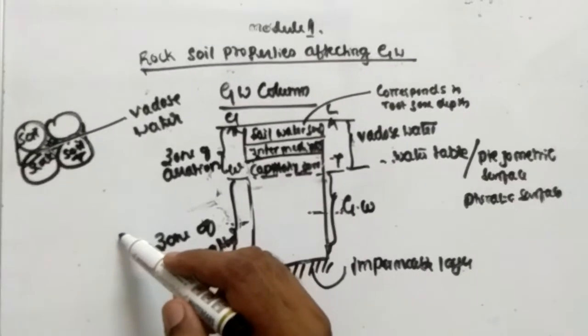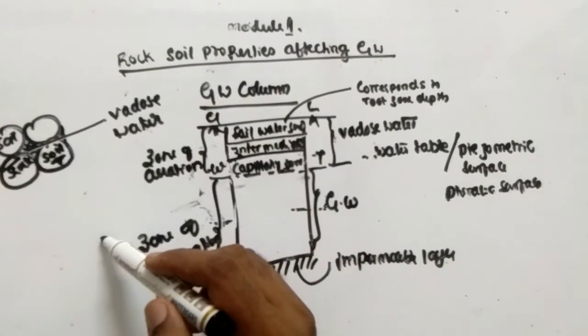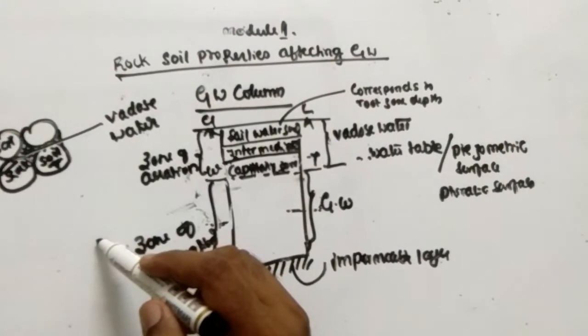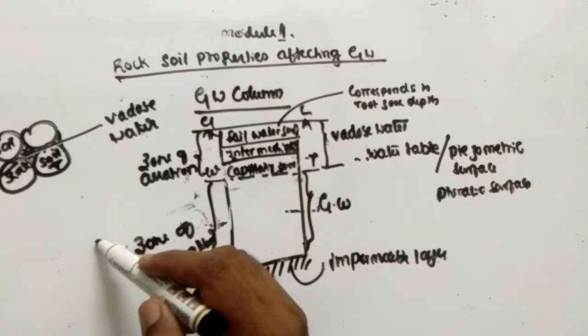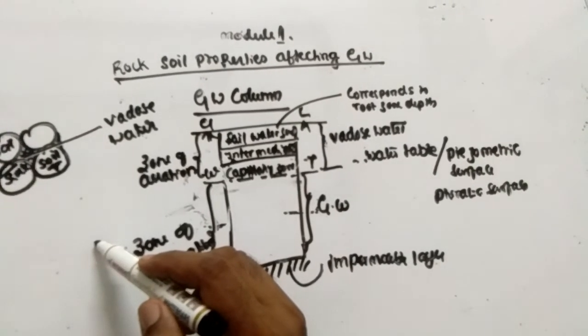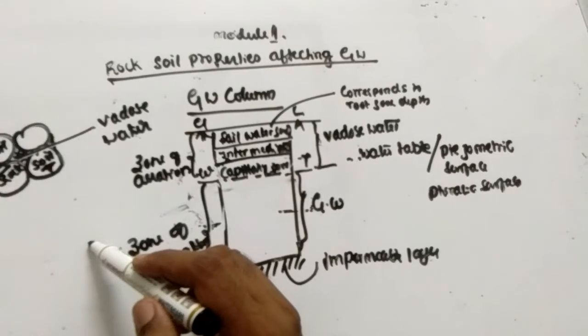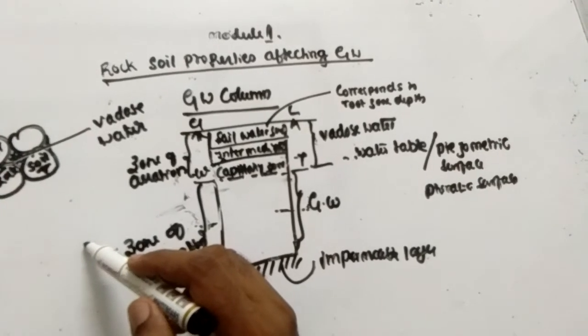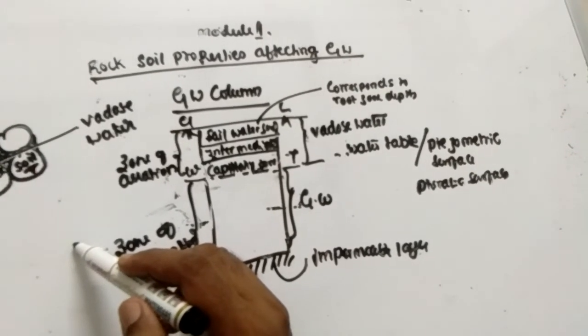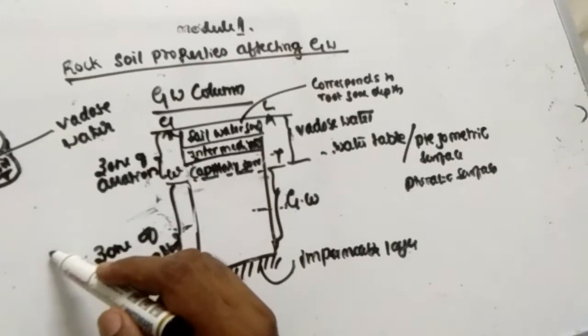Like this, in the unsaturated zone or partially saturated zone, there may be vadose water.